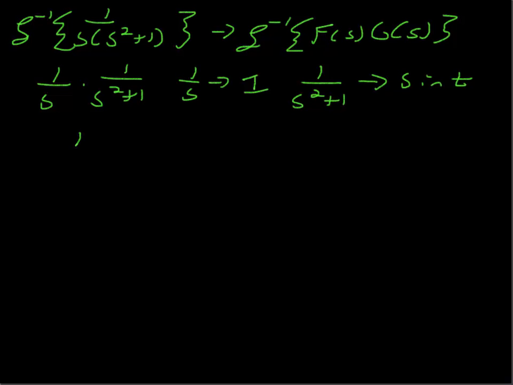So what this is 1 convolved with sine t, which is equal to the integral from 0 to t of 1 times sine of t minus tau, d tau. Okay, so we have this here.